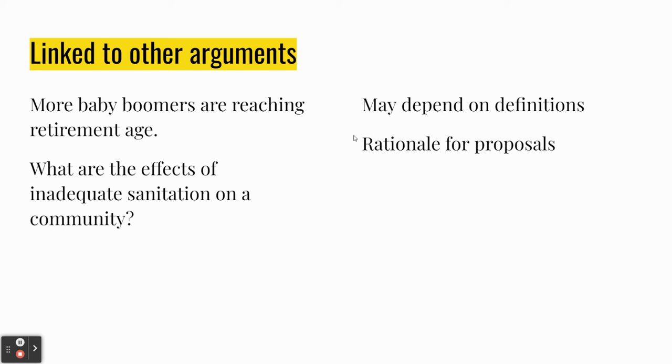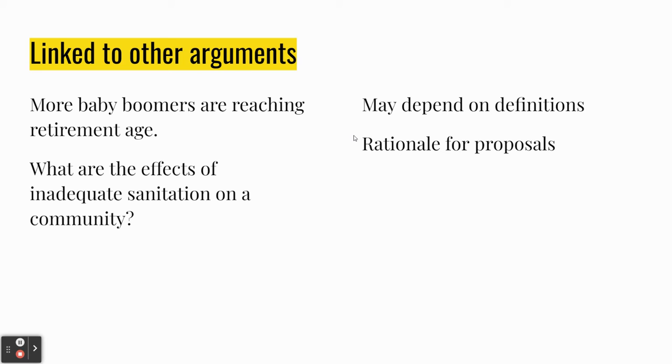And then what are the effects of inadequate sanitation on a community? Okay. We want to make sure that everybody stays healthy. We want to fix the sewer system. We want to make sure that the water treatment plant is working. And so we want to have these proposals to make sure that we pay for the water treatment plant.